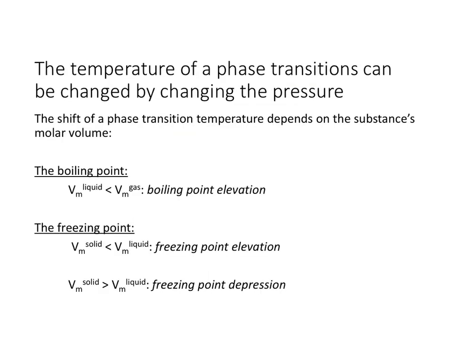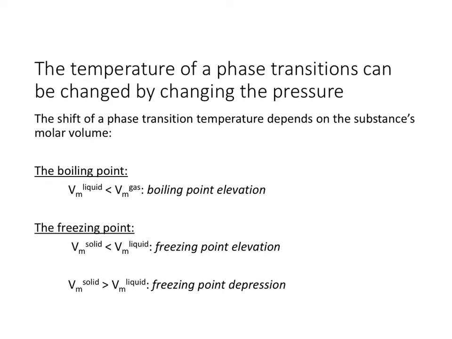So now on this slide, we begin to think about how changes in pressure can change also the temperature at which phase transitions occur. And so in cases where we're increasing the pressure, we're actually going to be increasing the boiling point as well. And that's called a boiling point elevation.